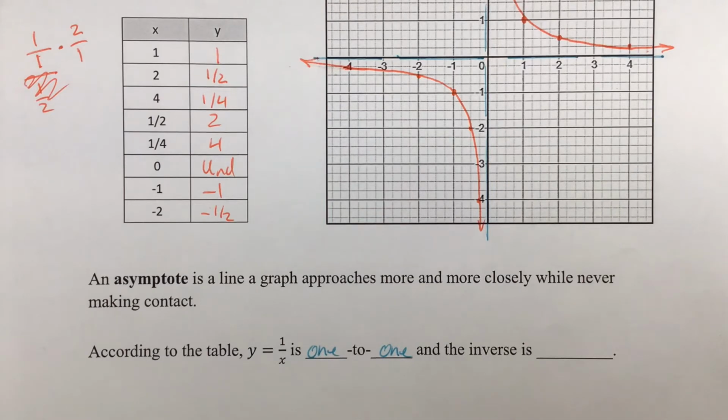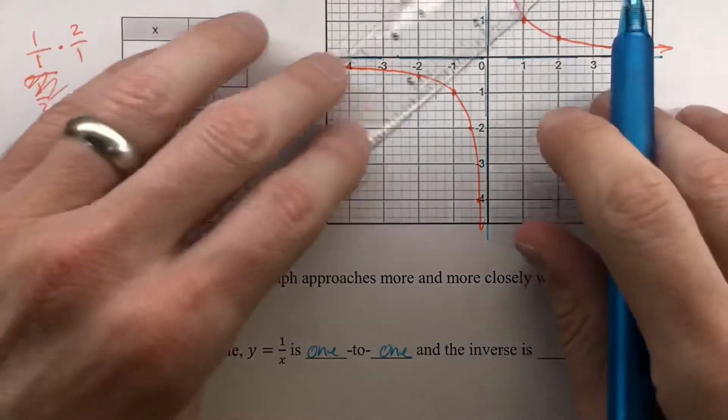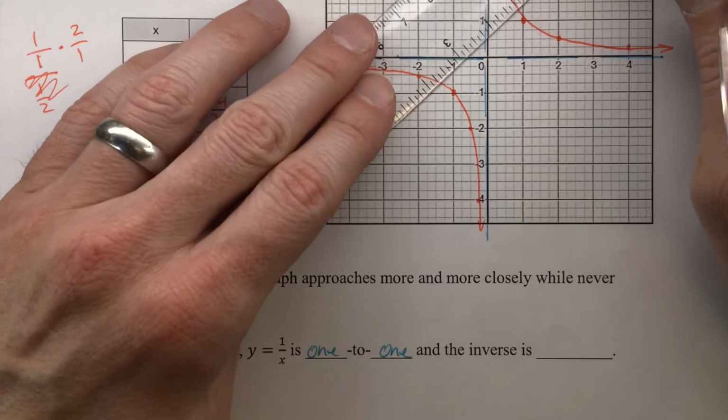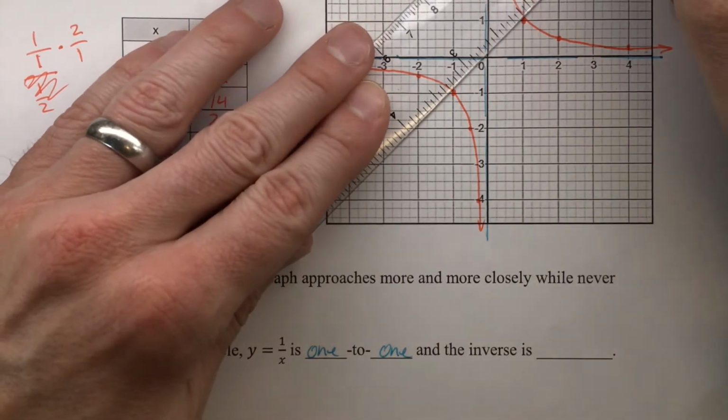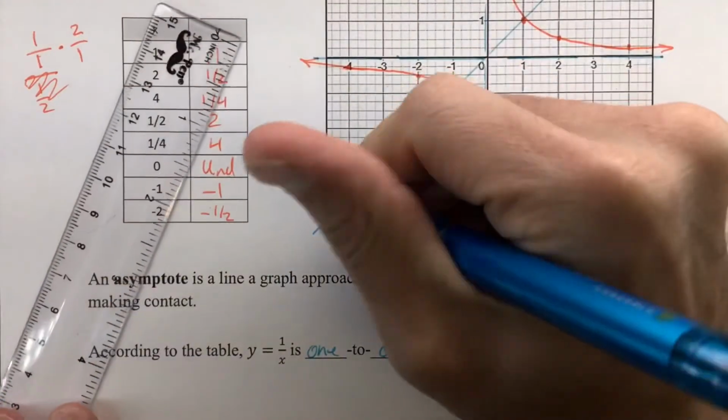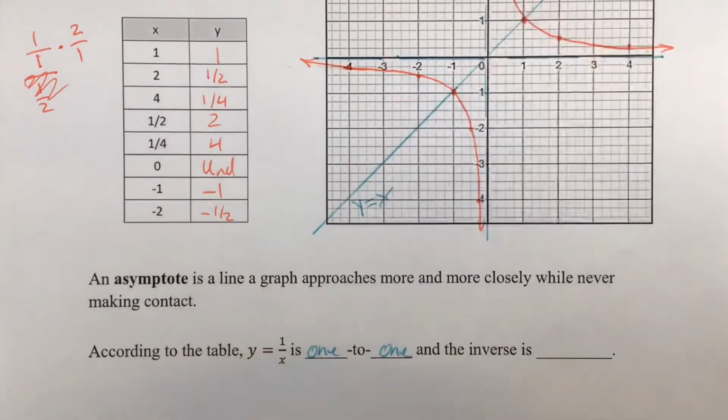Okay, this will be a 1-to-1 function. All right, another really neat thing about this one, though, is that if we were to draw a diagonal line, that would be y equals x. Remember that inverse functions are reflections over that.